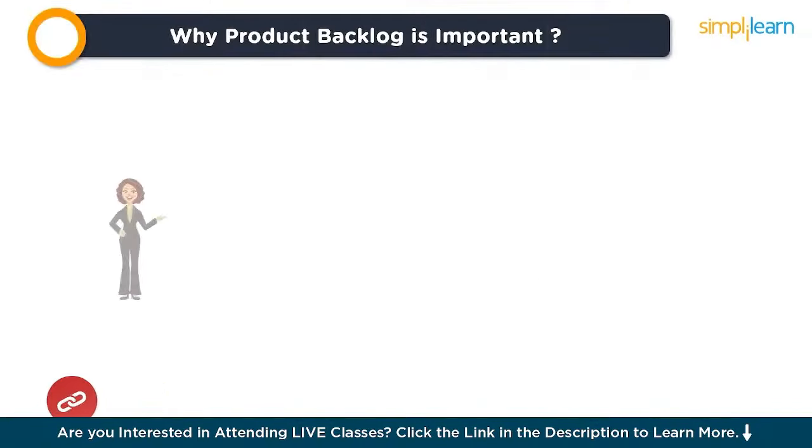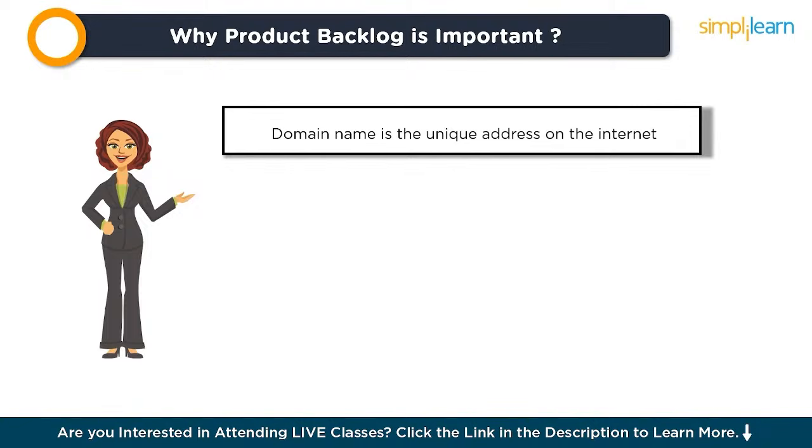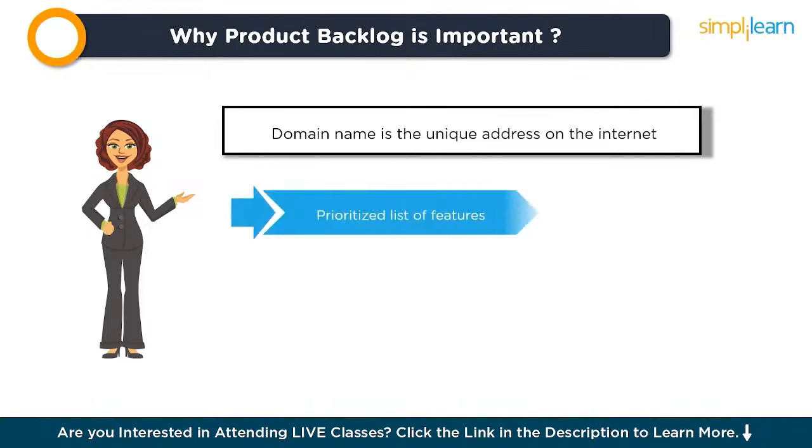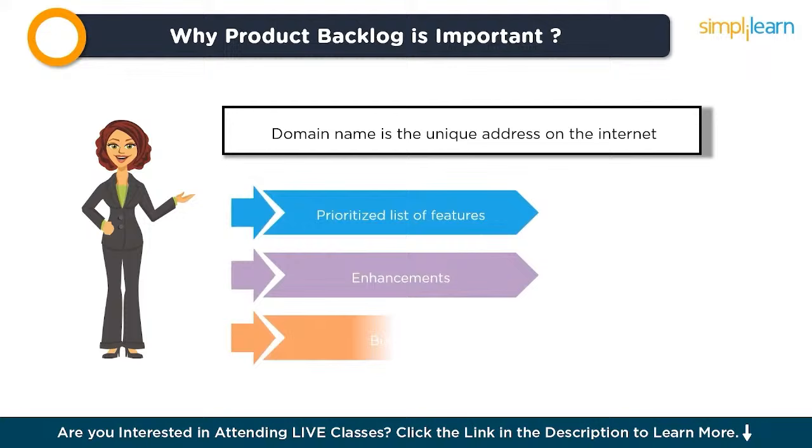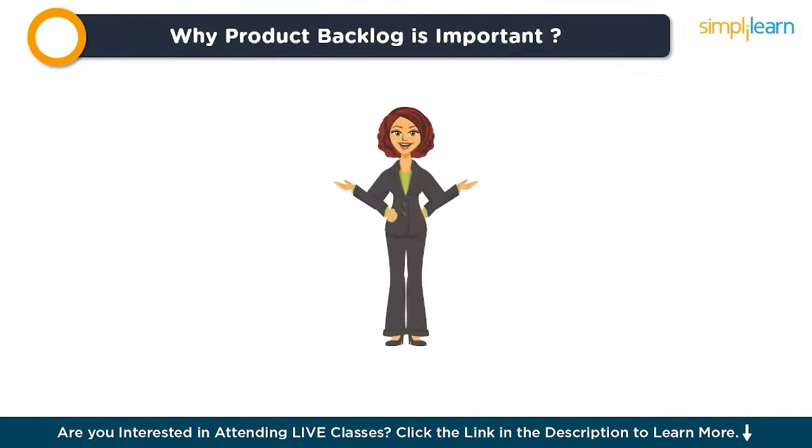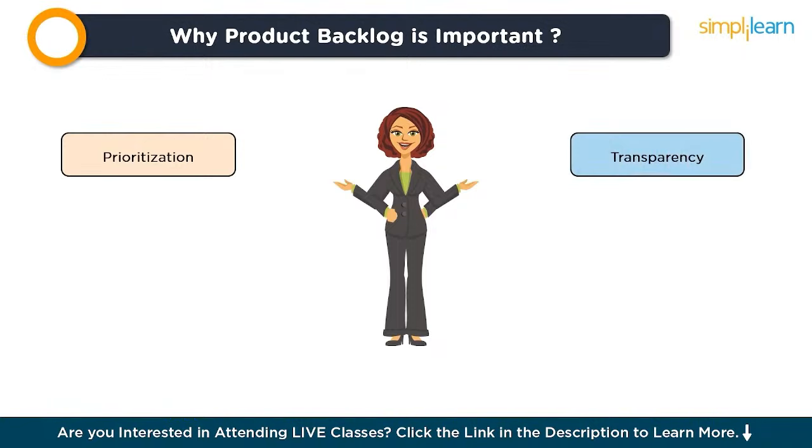Why product backlog is important? The product backlog is a fundamental component in Agile and Scrum methodologies, serving as a dynamic, prioritized list of features, enhancements, bug fixes, and other changes that are needed to improve a product. Prioritization. The team can prioritize tasks based on the product's requirements and the value they bring to stakeholders. Transparency. The product backlog offers a clear view of upcoming work, ensuring everyone understands the project's direction and goals.